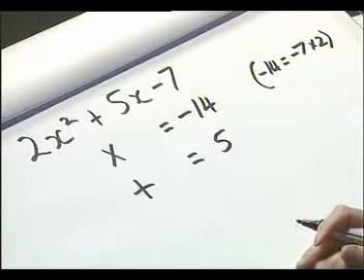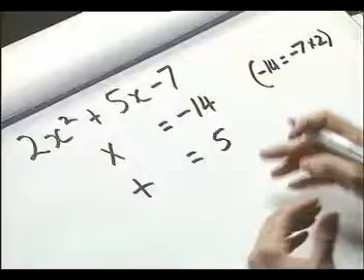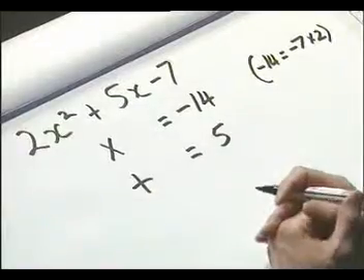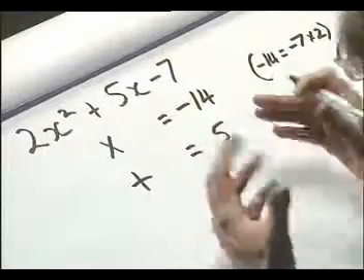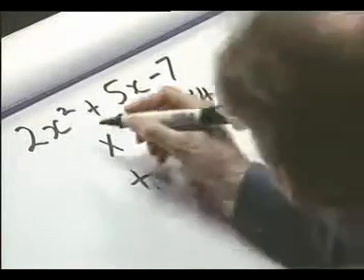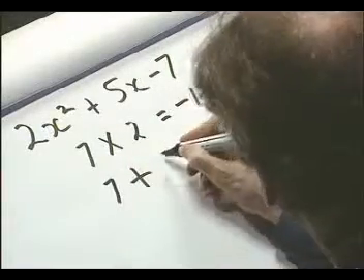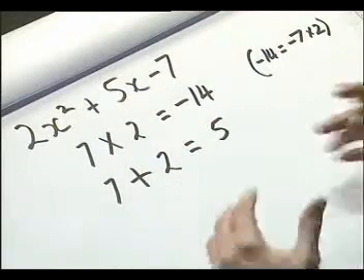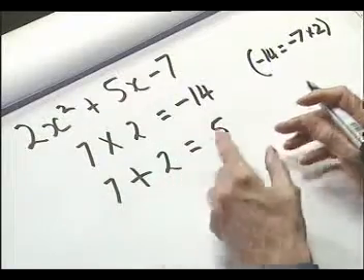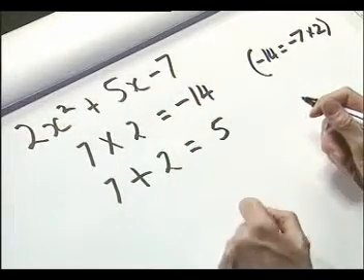So what are these two numbers? Well, 7 and 2 seem reasonable factors of 14, and they are factors of 14 which have a difference, if you like, of 5. So they seem good options, 7 and 2. But we've got to make a balance here. We need plus 5 and we need minus 14.